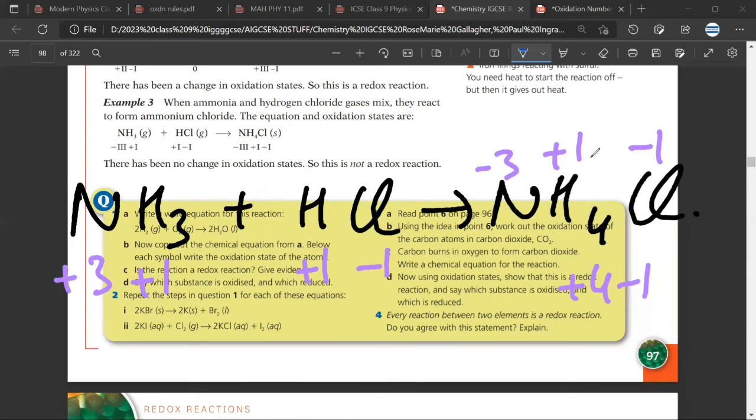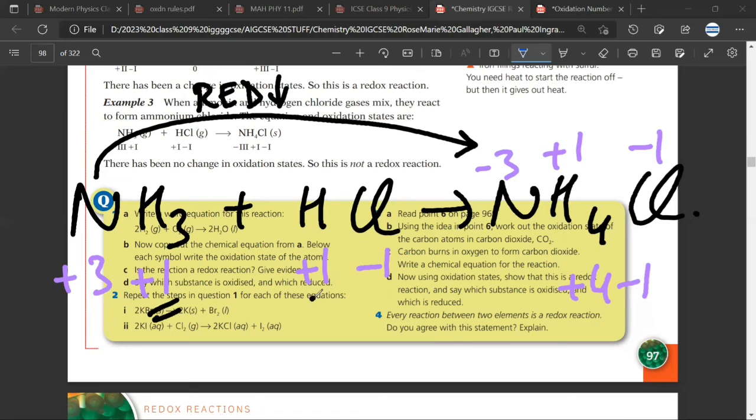Chris, is it making sense? Yes, sir. Now let us look at what has happened to nitrogen. Nitrogen has decreased its oxidation number, so nitrogen has gone reduction. Let us look at hydrogen. No change in hydrogen, +1, +1, +1 on both sides. But then what has happened to chlorine? In chlorine, again the oxidation number remains the same. Any doubt? No, sir.